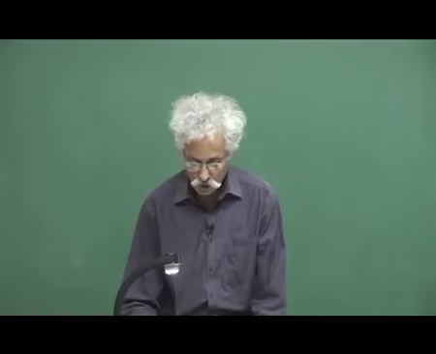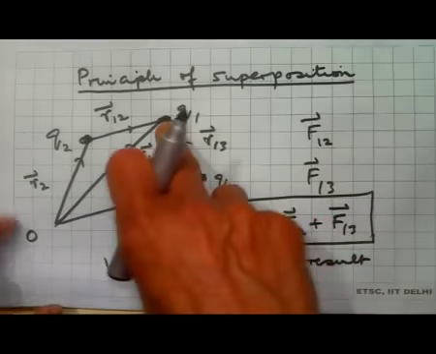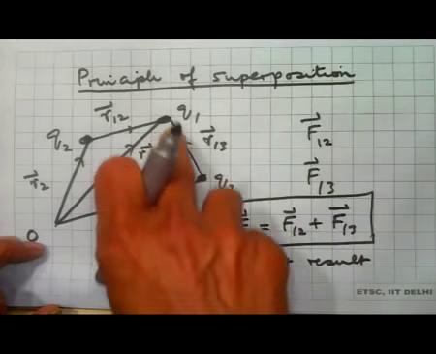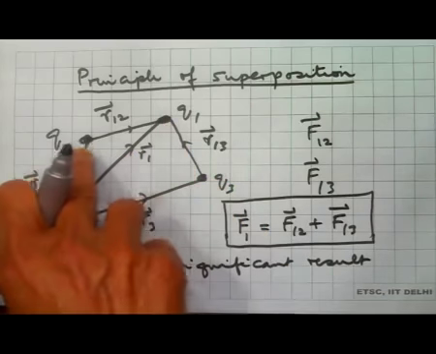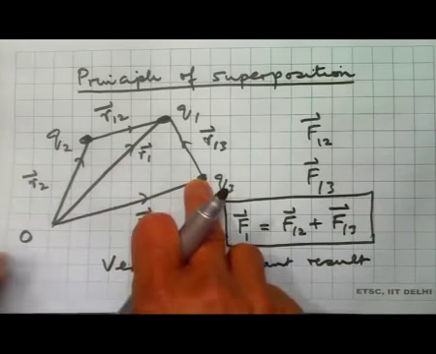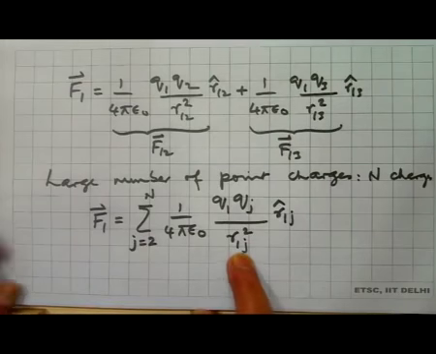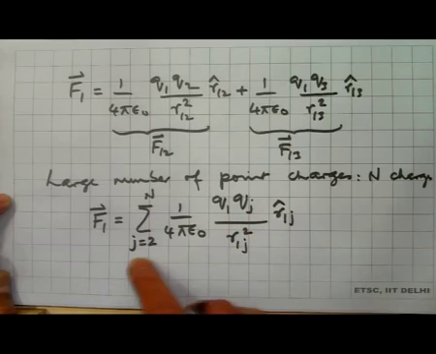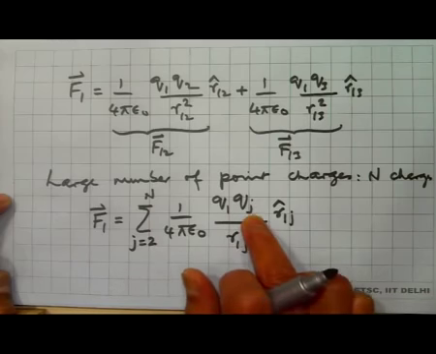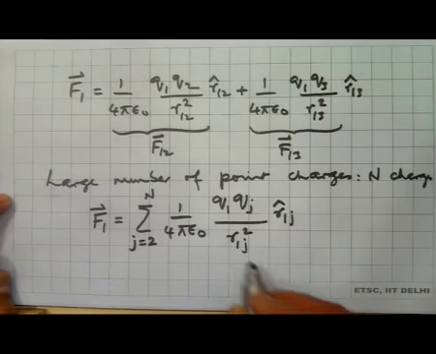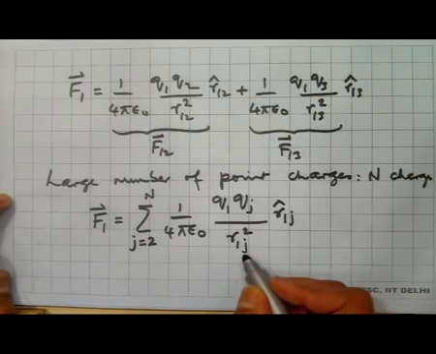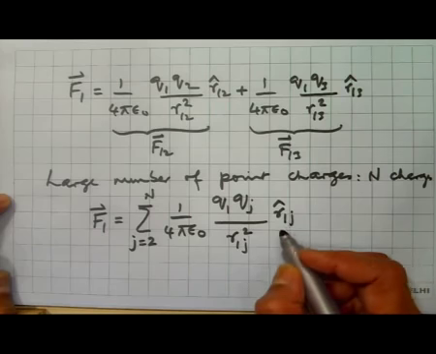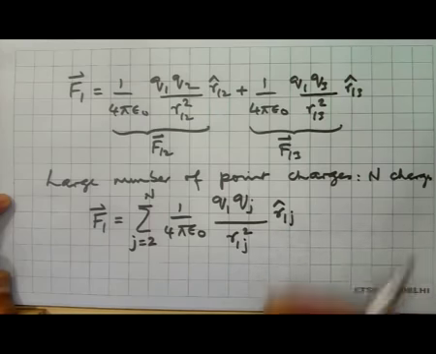In this figure, Q1 is not applying any force on itself. The force on Q1 is determined only by the charges Q2 and Q3. Similarly, in the summation, the force on the charge Q1 depends on all other charges, Q2, Q3 etcetera up to Qn, where R1j is the distance of the jth charge from Q1, and R1j cap is the unit vector along the line joining the jth charge to Q1.